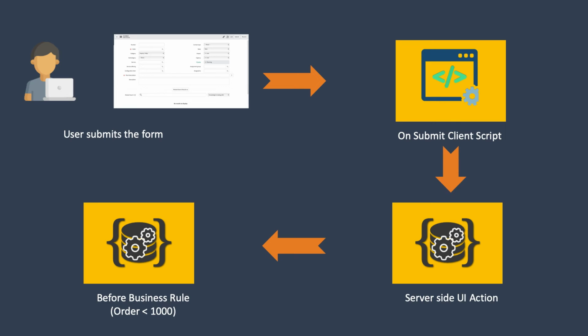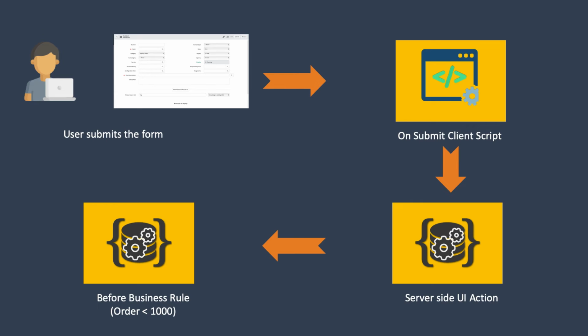So in that case, it will run all the before business rules, but there is a condition around it. The condition is it will run all before business rules that have order less than 1,000. That's an actual condition. You will definitely find the order of execution in the ServiceNow documentation as well.